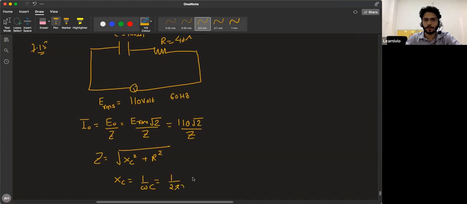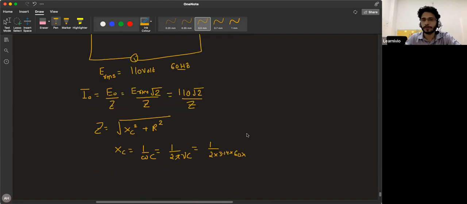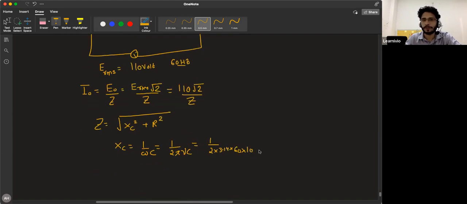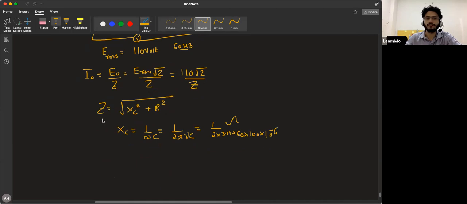When we substitute all these values, pi is 3.14, frequency is 60, capacitance is 100 microfarad, so that's 100 into 10 raised to the power minus 6. This much of ohm is XC. So you can easily get the value of Z. You put the value of XC, you put the value of R, you get Z.